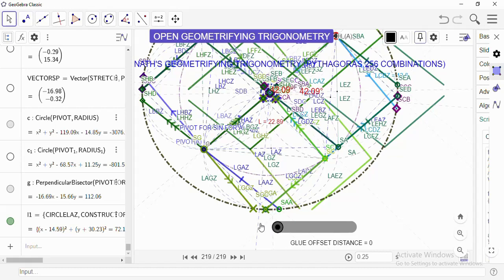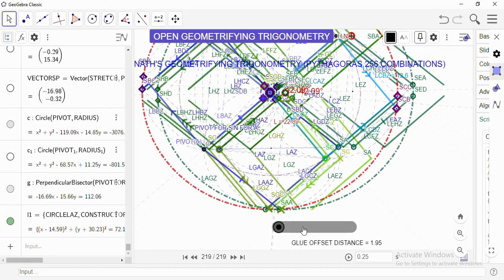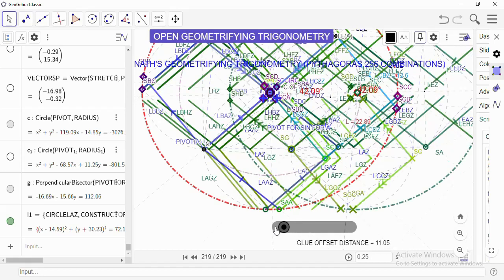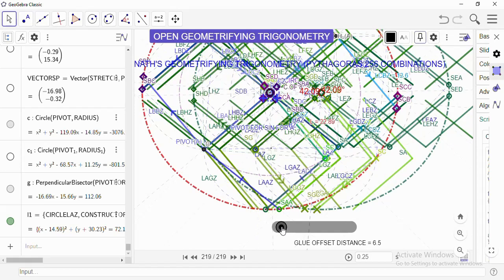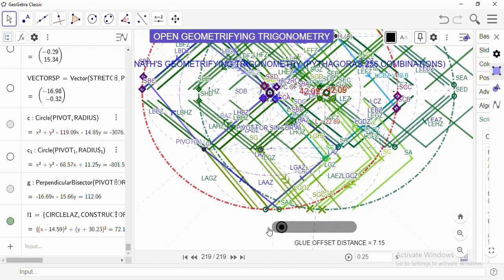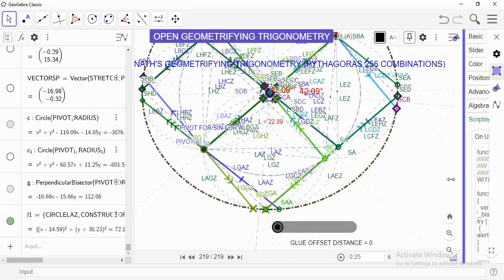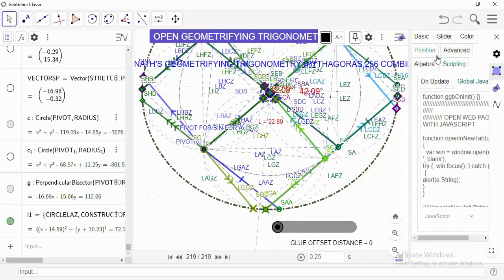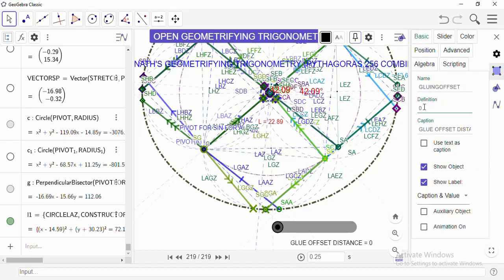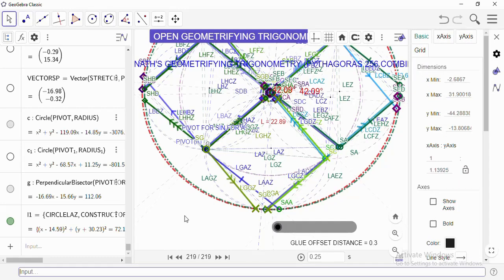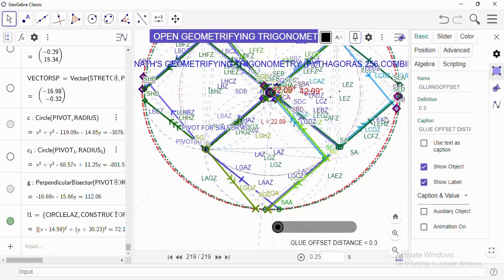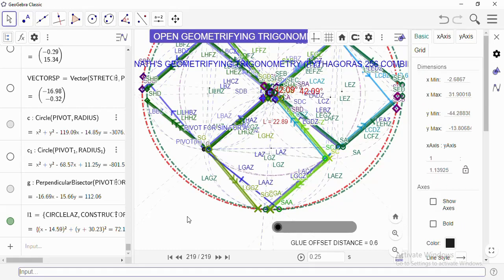Suppose we keep the gluing distance at 0.3, then we will see the cos square theta line segments and sin square theta line segments are a little offset, so that we can show it more clearly.